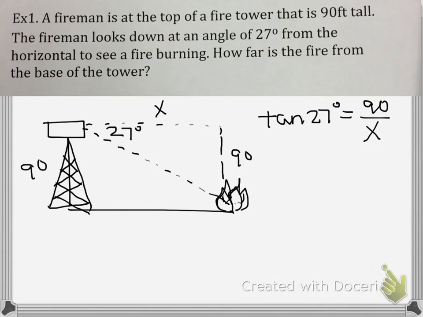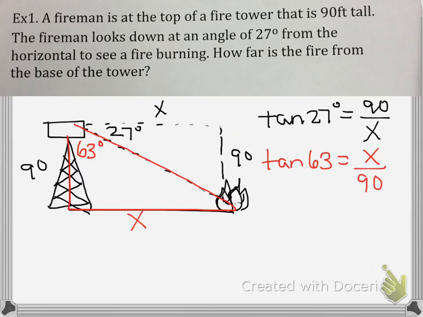The other triangle you could use would be this triangle right here. This triangle would have an angle of 63 degrees right here. You would set it up that if this is 63 degrees, the tangent of 63 equals our unknown x over 90.